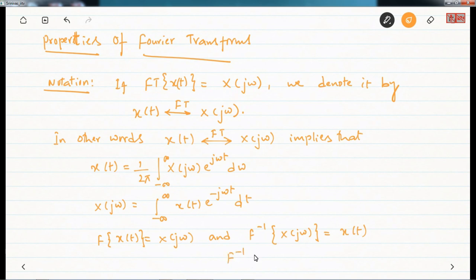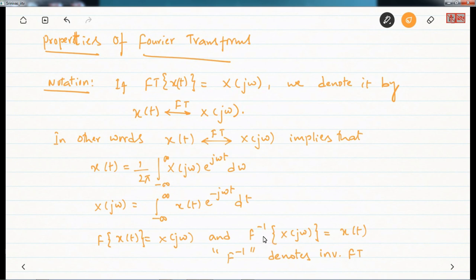Instead of writing inverse Fourier transform, I'll write simply F inverse.